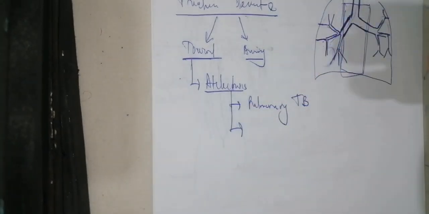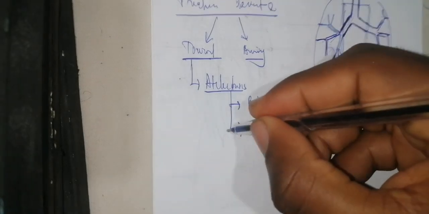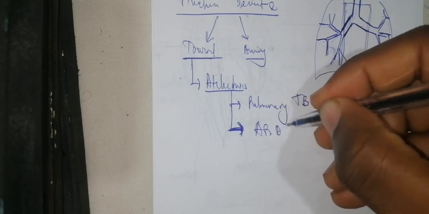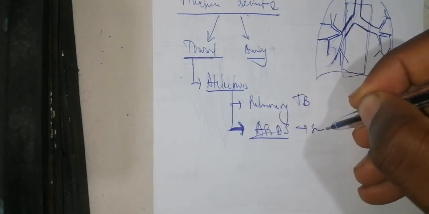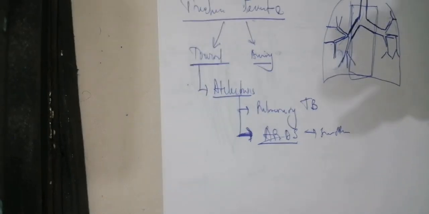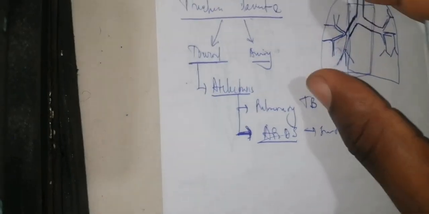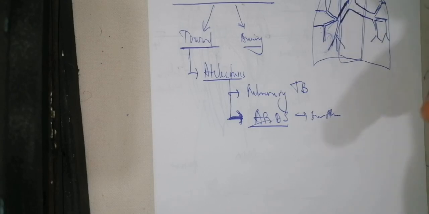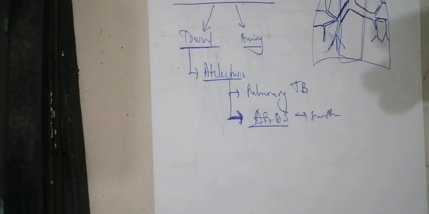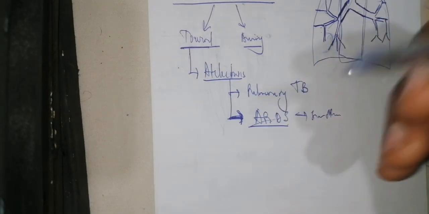It can be congenital or acquired. Congenital causes include things like acute respiratory distress syndrome, where you lack surfactant. In children, it can result in lung collapse. You can also have bronchopulmonary dysplasia, which can present from birth with atelectasis. Those are the elements.